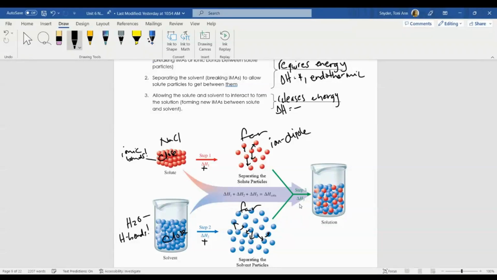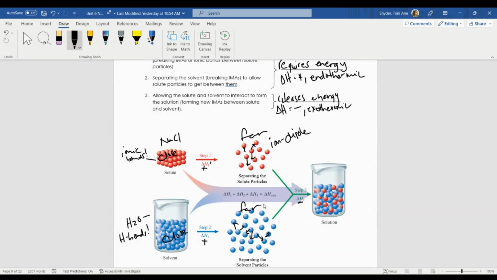But in this case, your delta H for this third step is going to be negative. You're releasing energy during this step. So this would be an exothermic process, releasing heat.